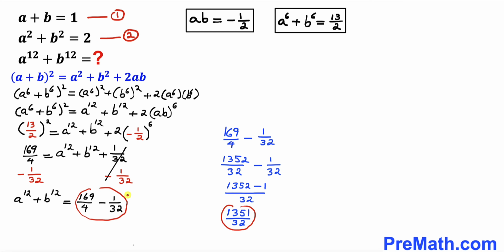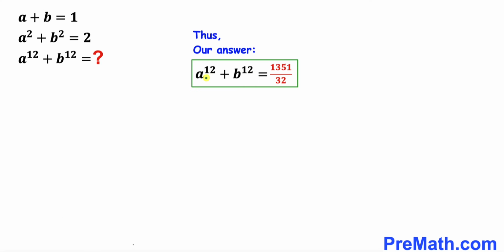So therefore, I'm going to replace this right hand side by this. So therefore, our a power 12 plus b power 12 value simply turns out to be 1351 divided by 32. So thus our a power 12 plus b power 12 value turns out to be 1351 divided by 32. And that is going to be approximately equal to 42.22.